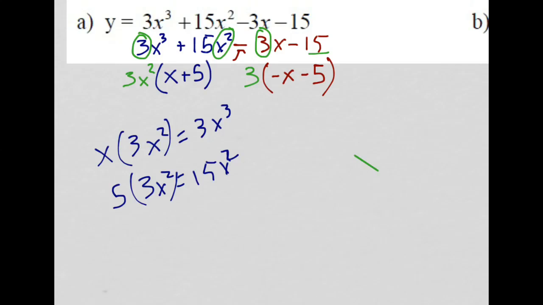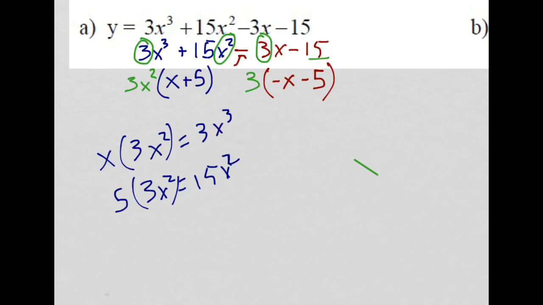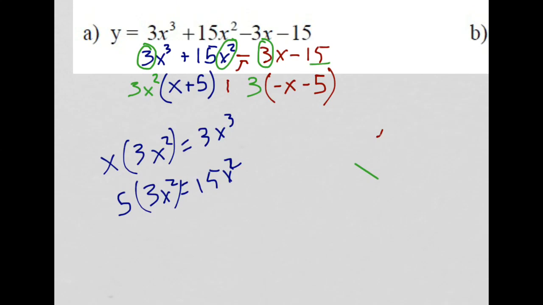That kind of stinks, because our goal is to make these two expressions the same, because then they share a common factor.